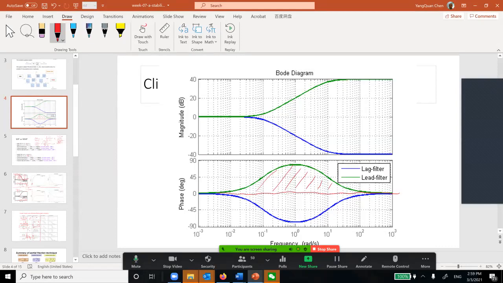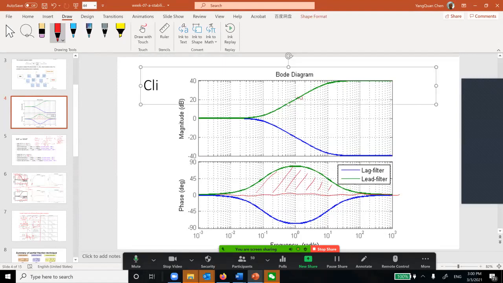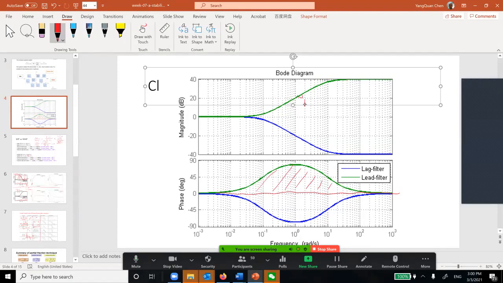So that's why I call it lead. It is sometimes also called a phase leading filter, phase lead. You need some phase lead, so you are going upwards. What's the rate here? It's positive 20 dB per decade.